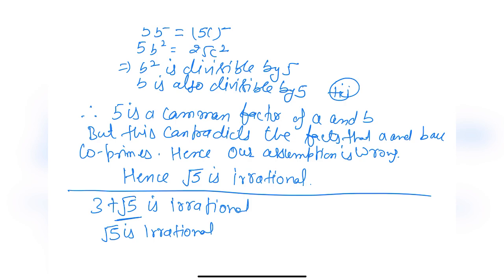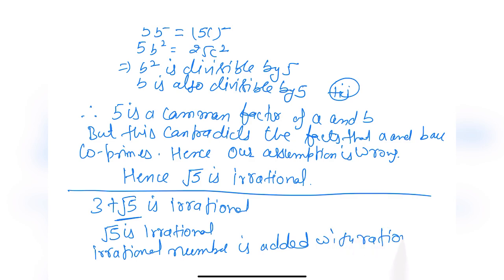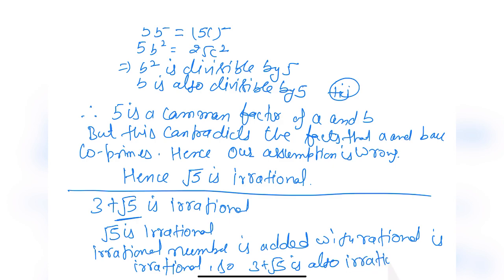Now an irrational number added with a rational number is irrational. So we can say that 3 plus root 5 is also irrational. Hence proved.